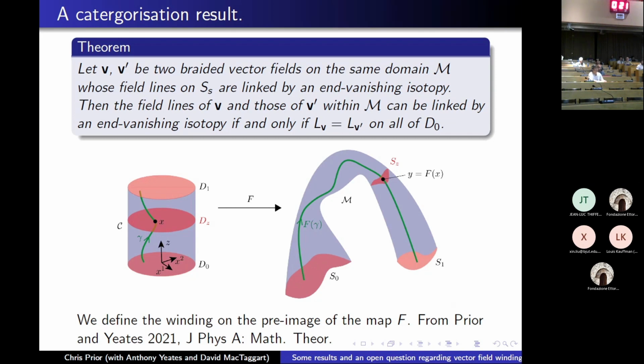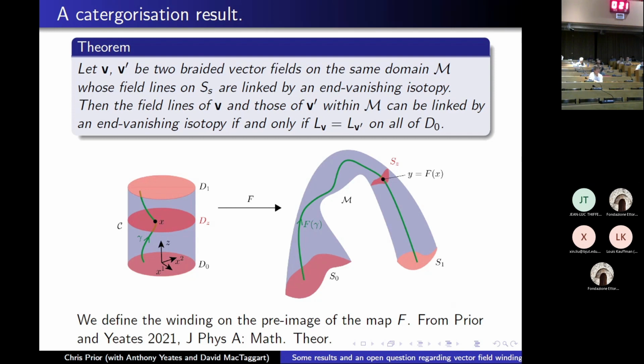And I've got some map F, which takes the cylinder to this heavily distorted domain. I'll be more precise about what I mean by this distorted domain shortly. Under the pullback of this map F, I've got a vector field on here, whose winding I can measure as described in the previous slide, and in particular, whose winding distribution I can measure.